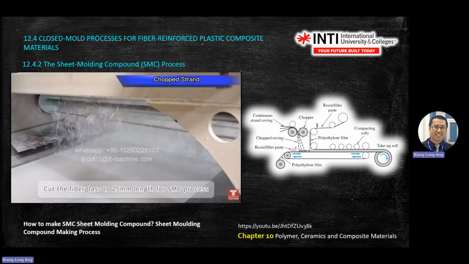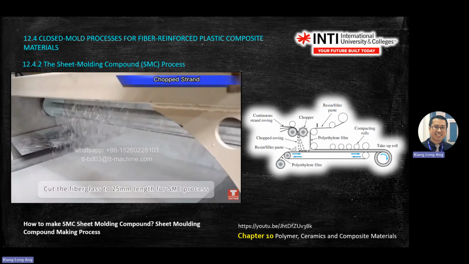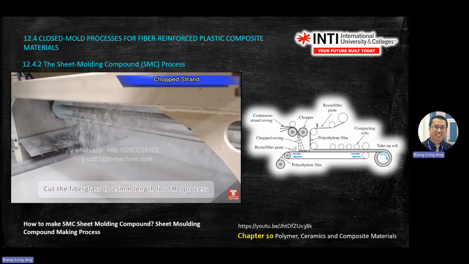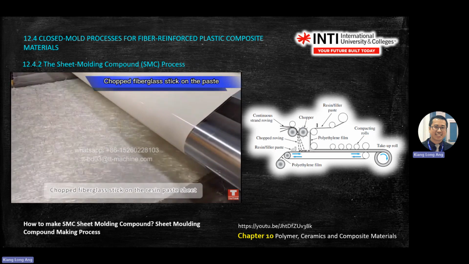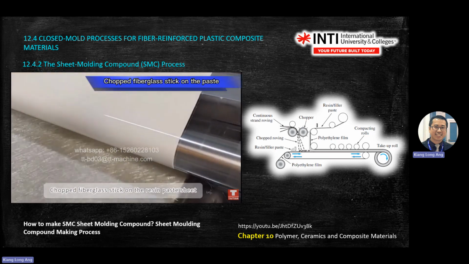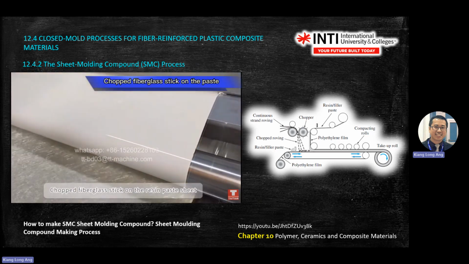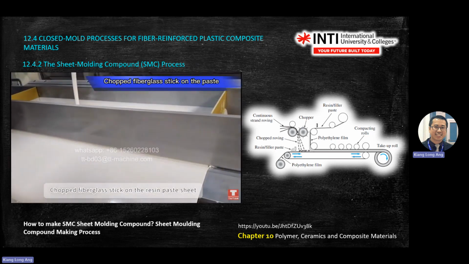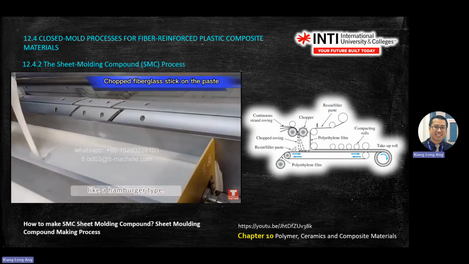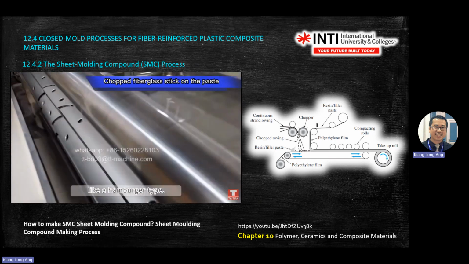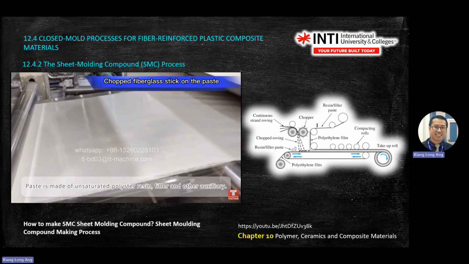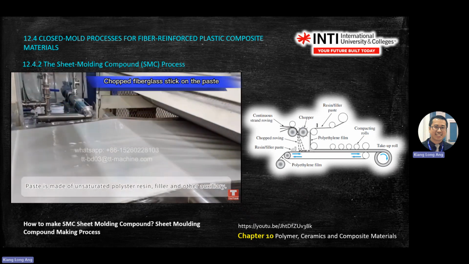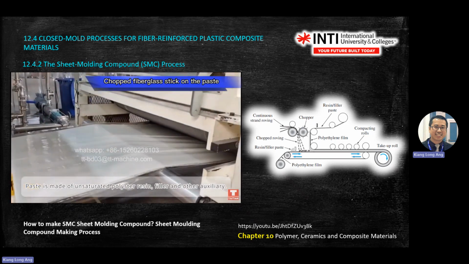Then you chop it up. They chop it into small strands so that they control the length of the fiber. They want to make a composite sheet. So they chop the fiber, mix with the resin. They come out like a cloth.